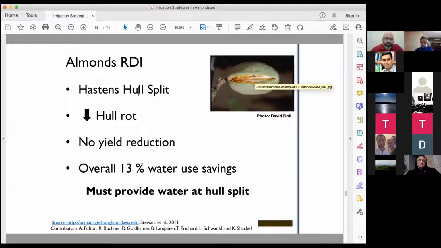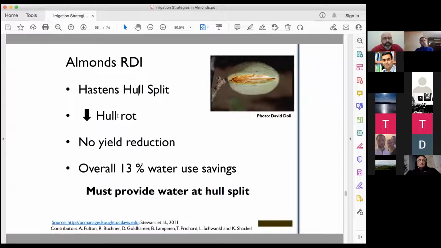If there is a lot of moisture in the canopy, if there is a lot of moisture inside the tissue, then the fungi attacks and the hull starts rotting, which is a really severe, a serious nut quality issue.